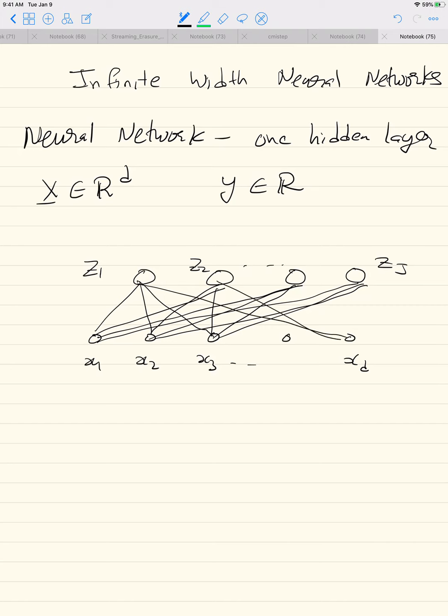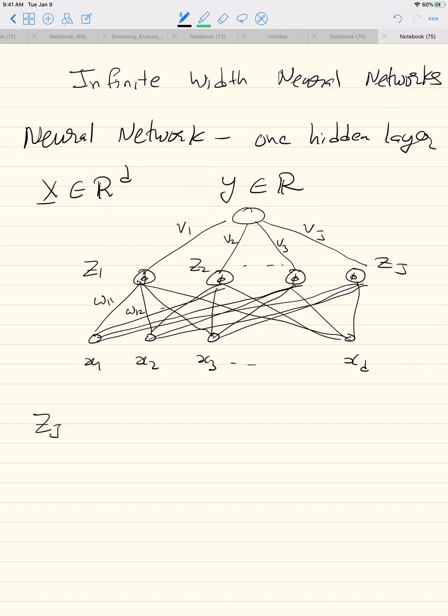I'm not drawing all the connections obviously, but there is a weight on each pair. So this will be W11, W12, and so on. And then we apply some nonlinear activation function at each hidden layer, and we have another sequence of weights, and we sum them up.